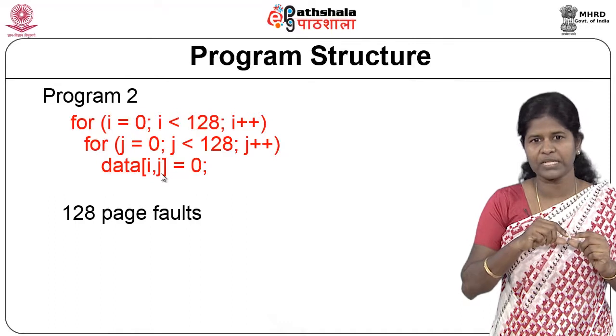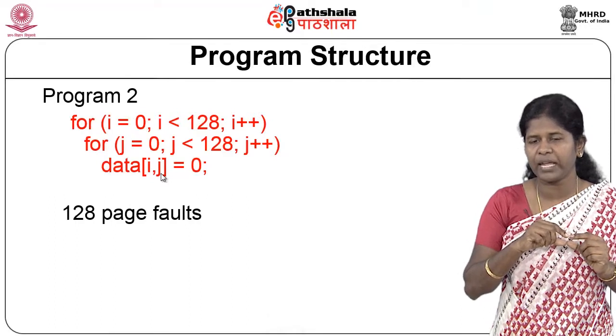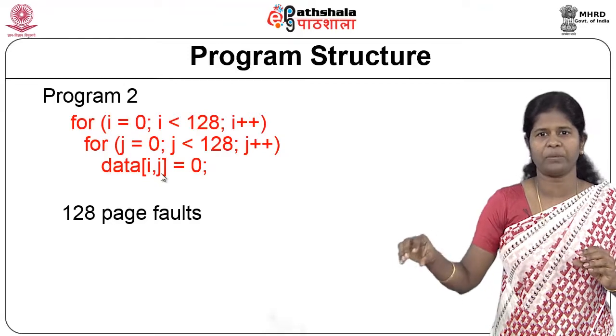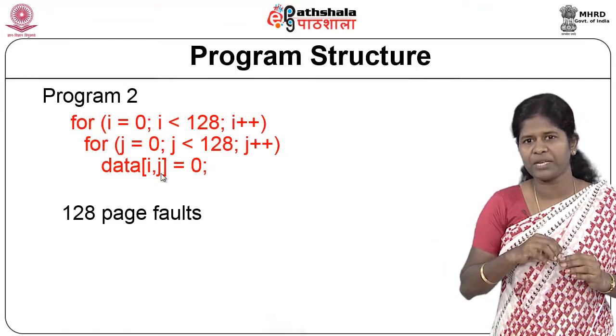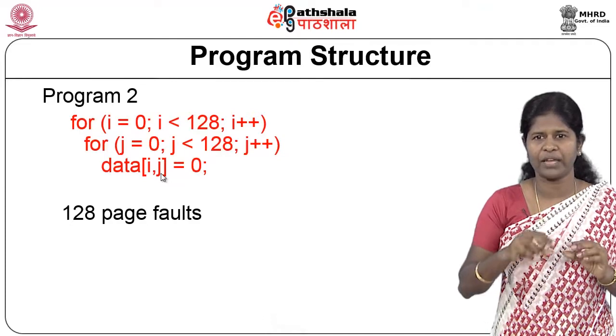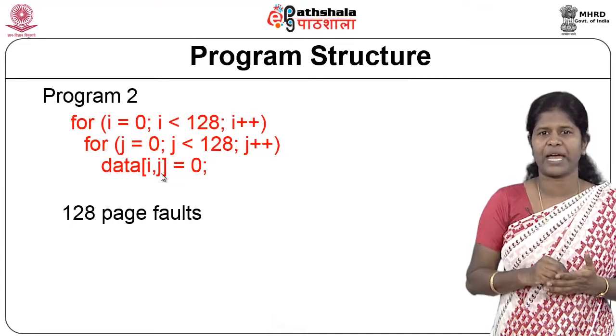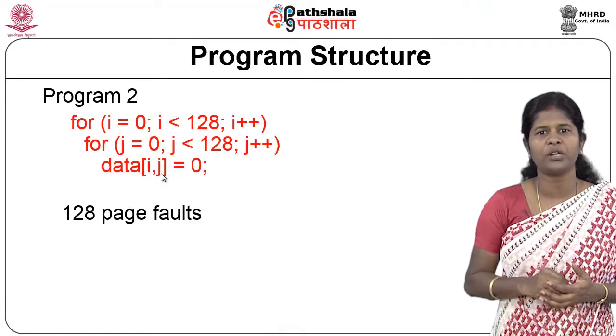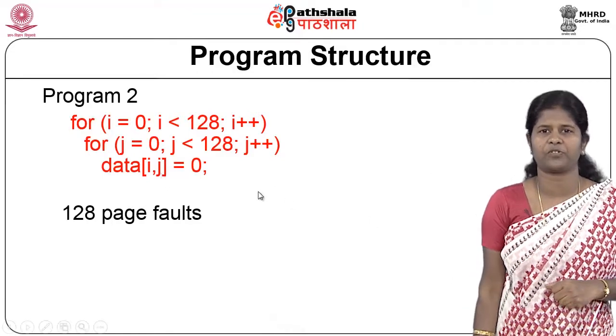So in sequence they access all the elements in one particular row. All elements in one row will be accessed and only then all elements in the second row will be accessed and so on. Because of that, all elements in the first page will be accessed and then all elements in the second page and so on. So you get only 128 page faults.